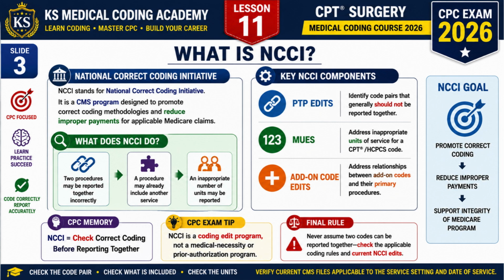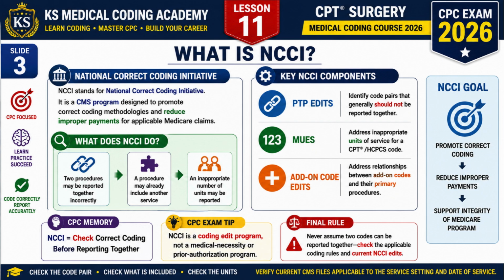Now let's understand NCCI, which stands for National Correct Coding Initiative. NCCI is a CMS program designed to promote correct coding methodologies and help reduce improper payments for applicable Medicare Part B claims. For this lesson, focus on 3 important NCCI components: PTP edits, MUEs, and add-on code edits. PTP edits address code pairs that generally should not be reported together, MUEs address inappropriate units of service, and add-on code edits address the relationship between add-on codes and their primary procedures.